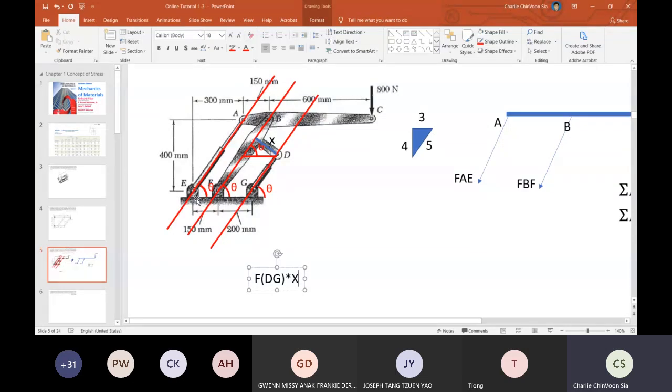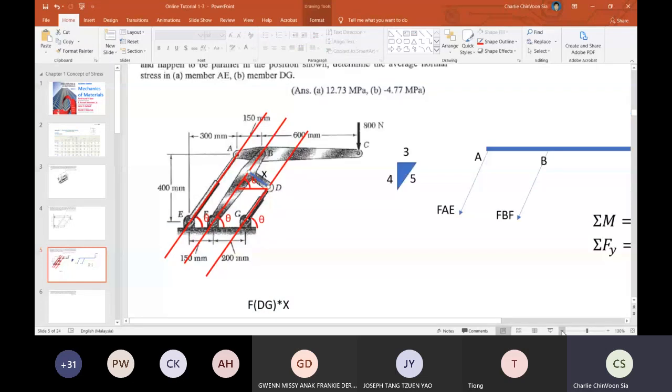Then you will have another component of the moment for the sum of moment at F equals 0. By comparing these two moments, you are able to determine the force for the DG member. As simple as that, as long as you know the x value, for this question number B.